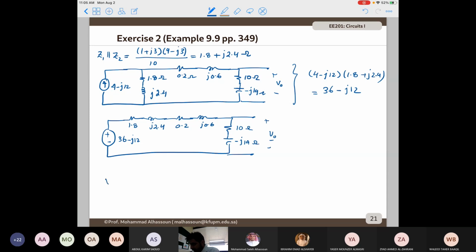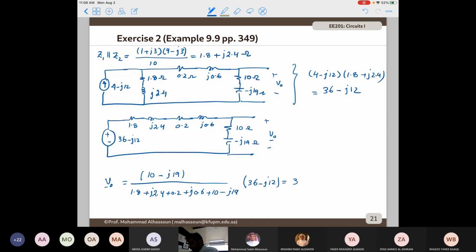So now it becomes straightforward. You can apply the voltage divider law, and it's going to be divided by 1.8 plus J2.4 plus 0.2 plus J0.6 plus 10 minus J90, multiplied by the voltage, which is 36 minus J12.